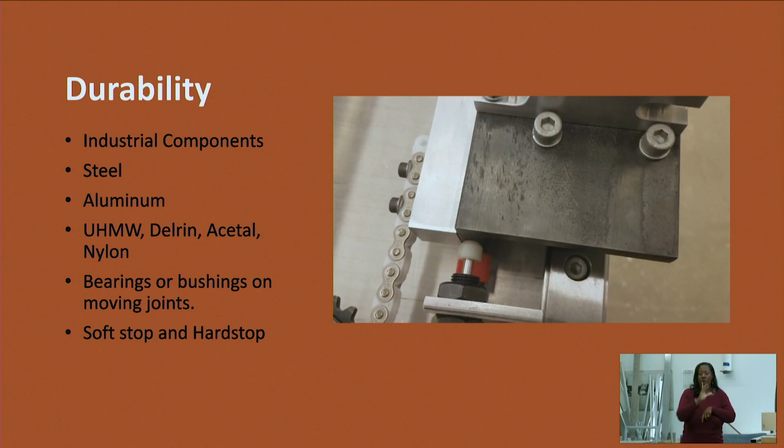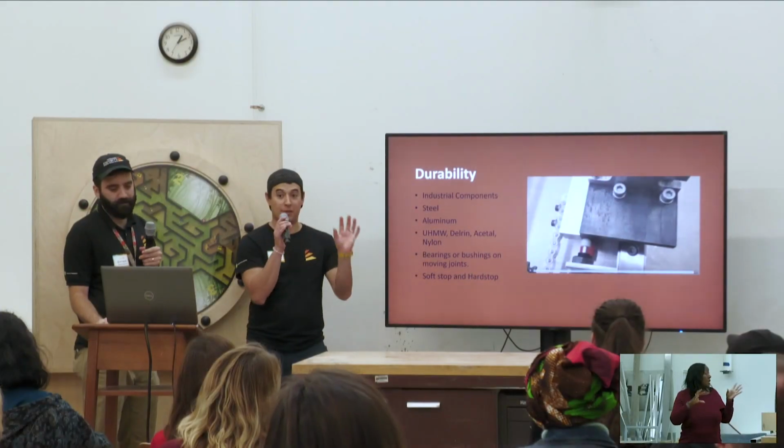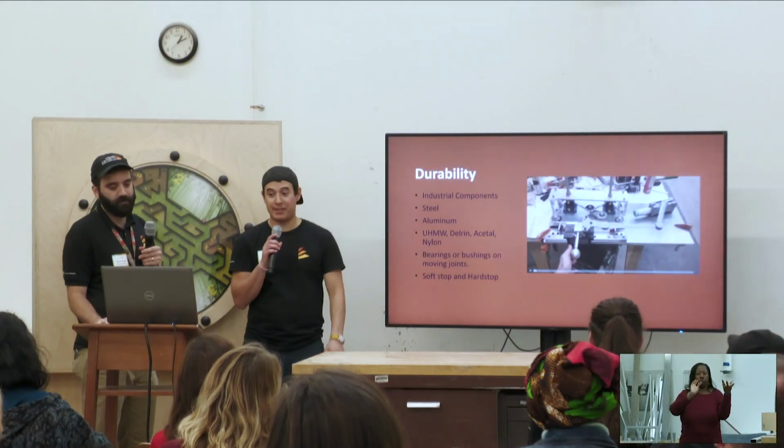Bearings and bushings on moving joints. You want to use high quality components: steel, aluminum, stainless steel often, and high wear plastics like UHMW, Delrin, acetal, or nylon. And I will say about this interactive, it was a lot of mechanics for a very simple movement.